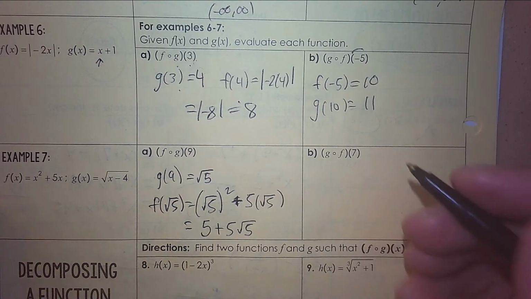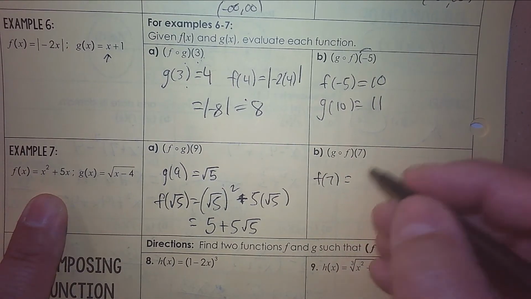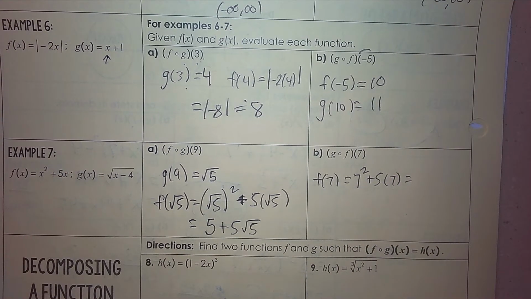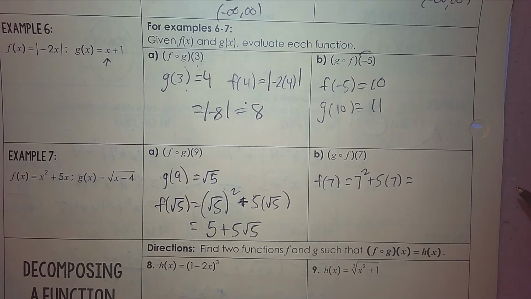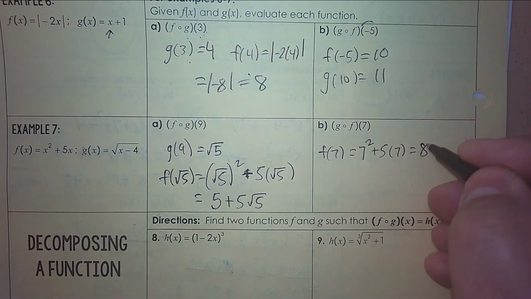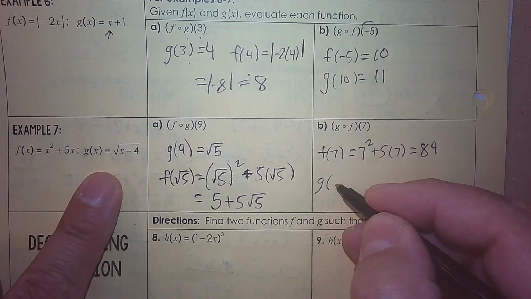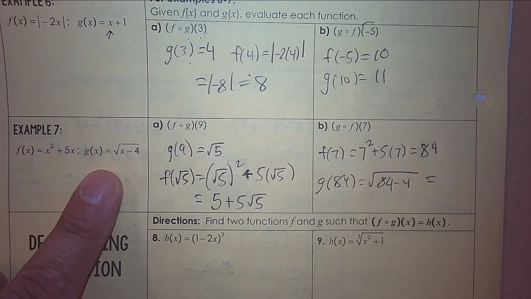So what do I do first? Let's do that. So look at F. This one we might need to write out, right? 7 squared plus 5 times 7. When you think you have the answer, let me know. It's 49 plus 35. What is that? Perfect. Then what do I do with the answer 84? So when I plug that into G, 84, I get the square root of 84 take away 4, which is... Is there a better way to write it?